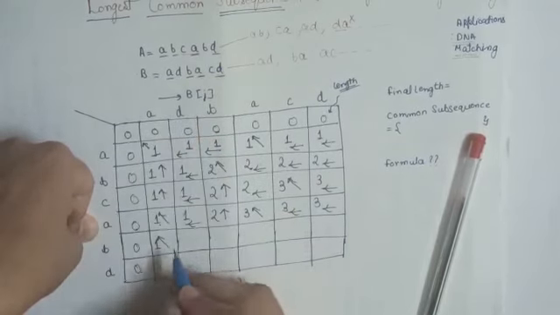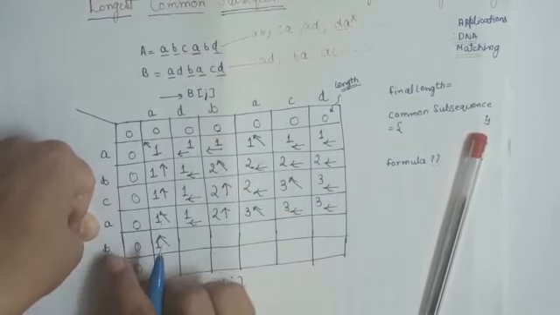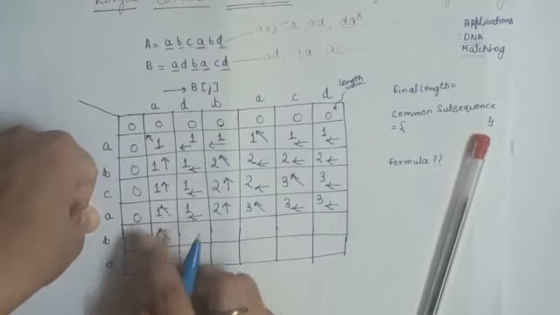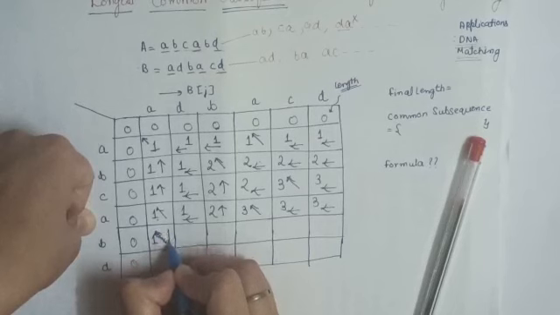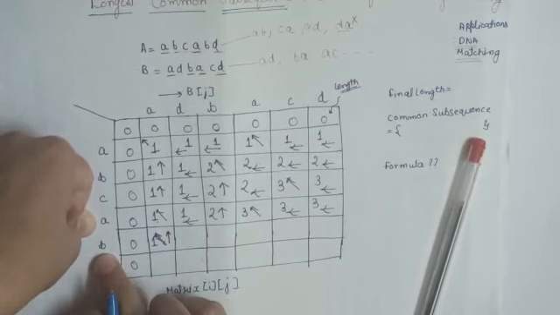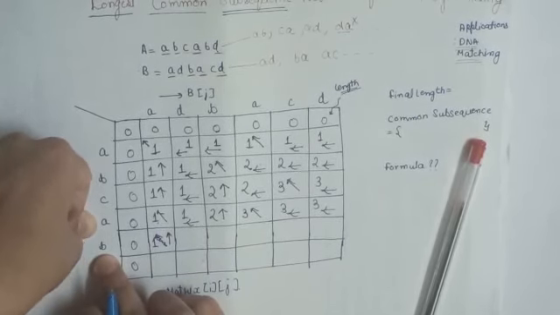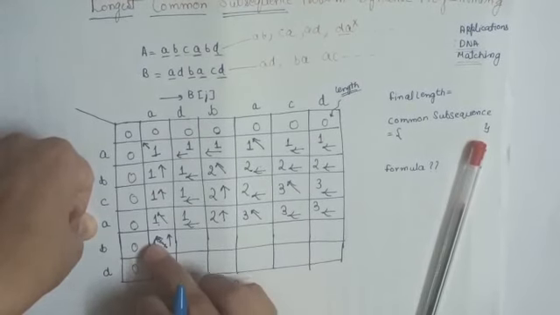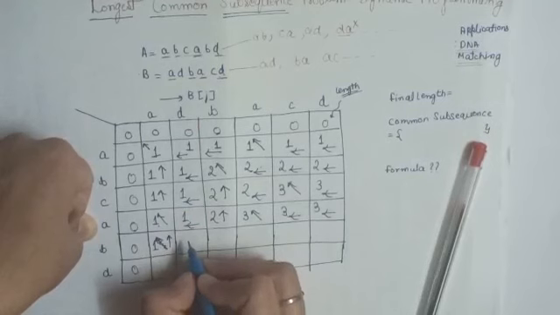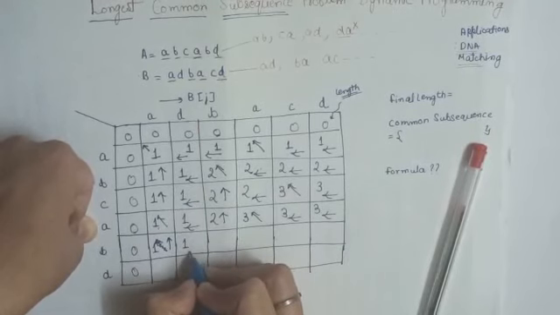Both are different, so maximum of these two will be 1, and the arrow will be upwards. Okay, both are different, so maximum of these two will be 1, and the arrow this way.